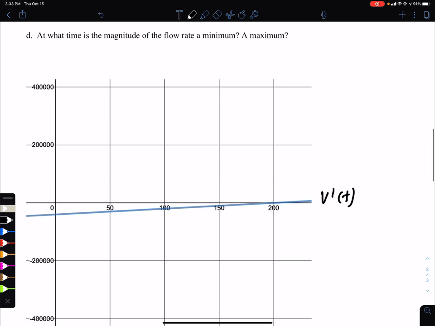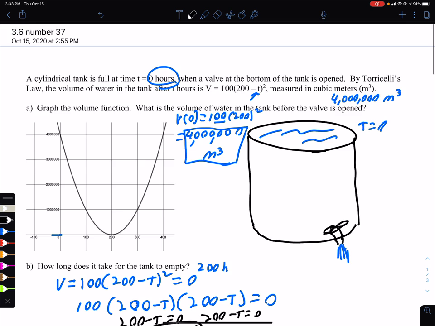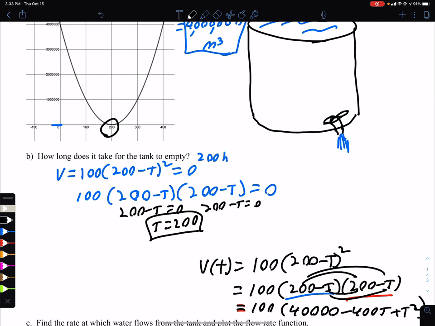And so what's the question? At what time is the magnitude of the flow rate a minimum, and at what time is it a maximum? So we're going to stop at 200, because we already learned that the tank is empty after 200 hours. We saw that here. After 200 hours, the tank is empty.